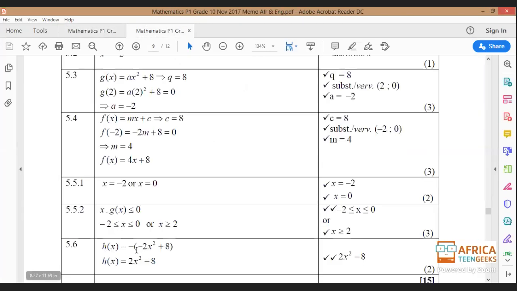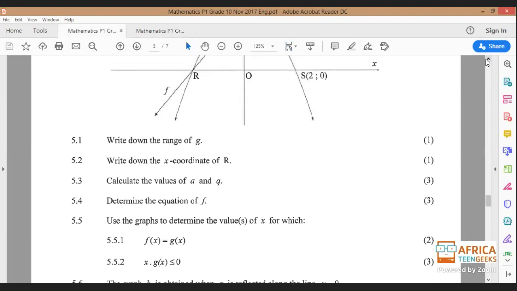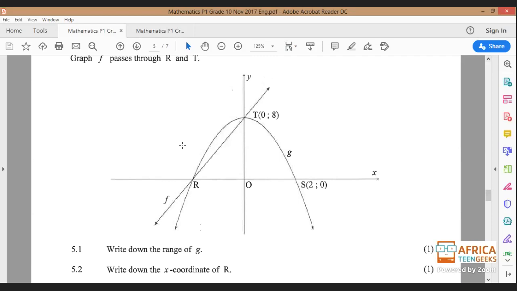You must put this minus because everything will change: a minus times a minus is a plus. So your h of x will be the happy face. Let me just scroll up, meaning your h of x will go like this.